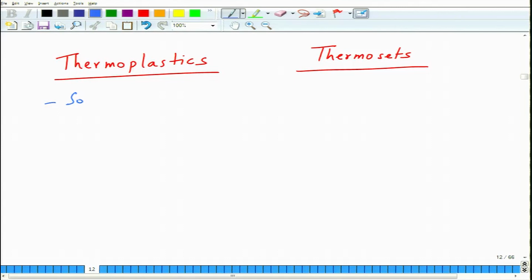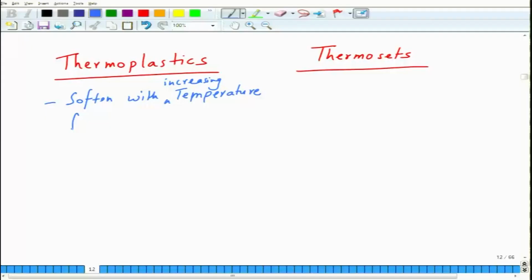They soften with increasing temperature. They have a sort of melting phenomenon, they melt at high temperature, and can be formed in various shapes, just like a liquid metal is cast into solids.